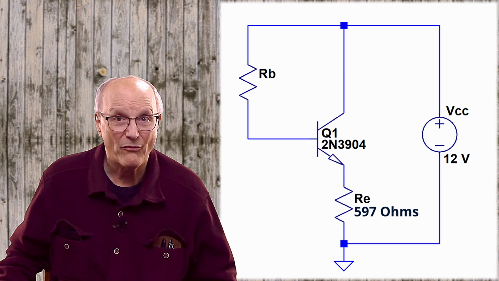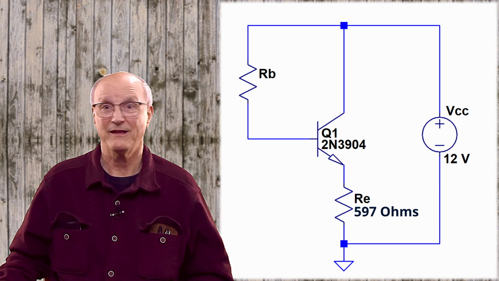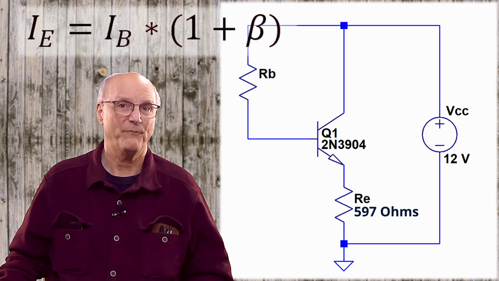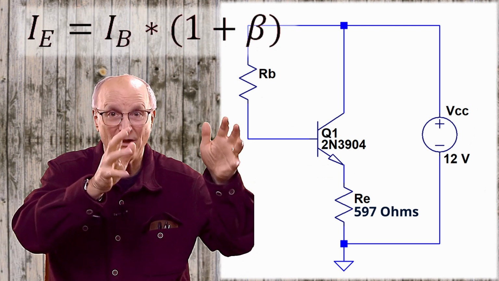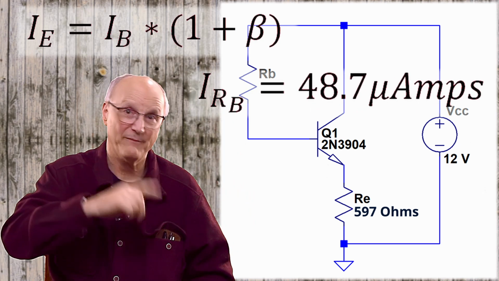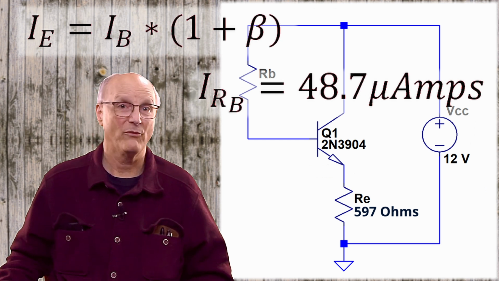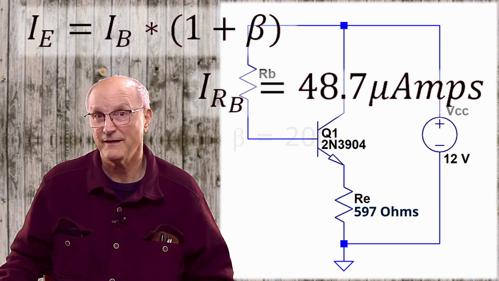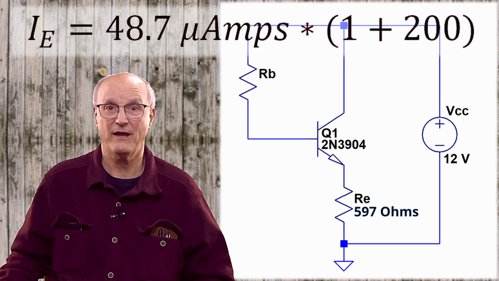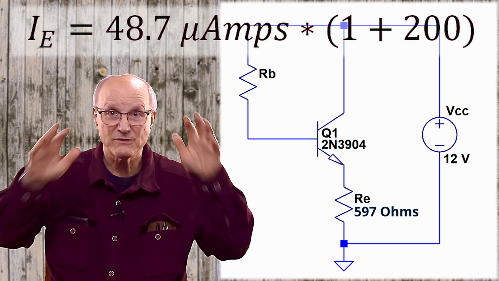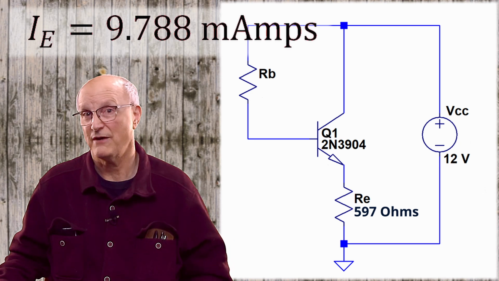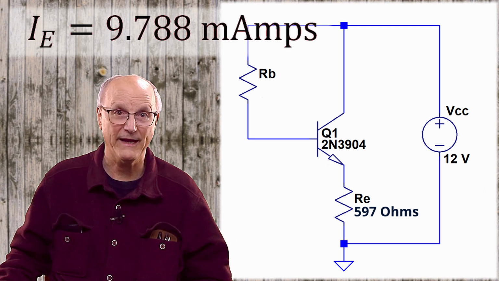Well, now that we know the base current, we can calculate the emitter current because we know that the emitter current is equal to the base current times 1 plus beta. And we know that the base current is 48.7 microamps, and we know the DC current gain beta is 200, which gives us an emitter current of 48.7 microamps times 1 plus 200, which comes out to be 9.788 milliamps.